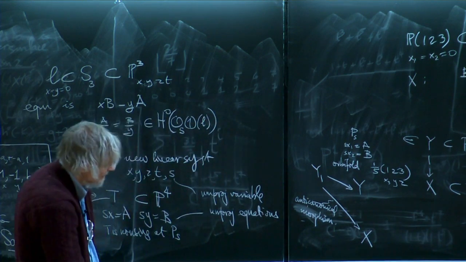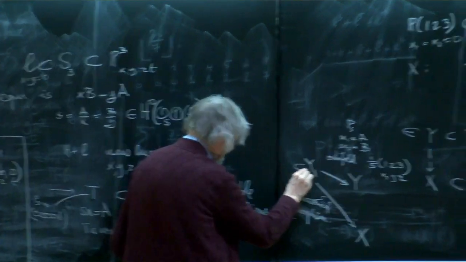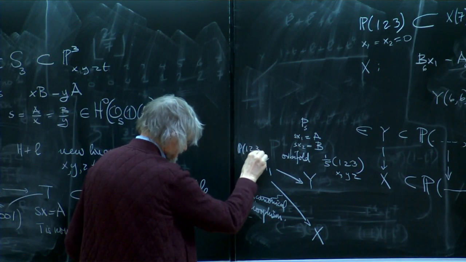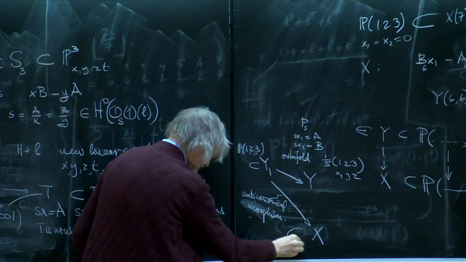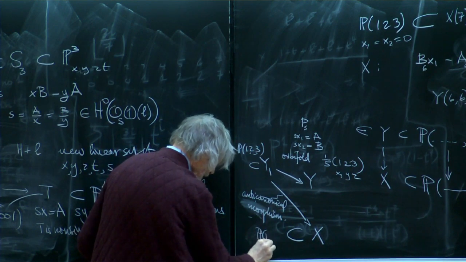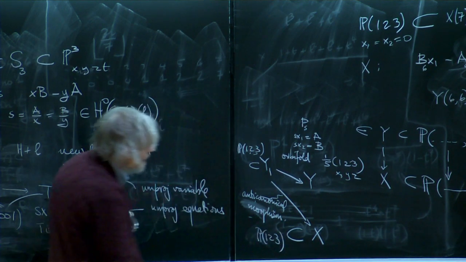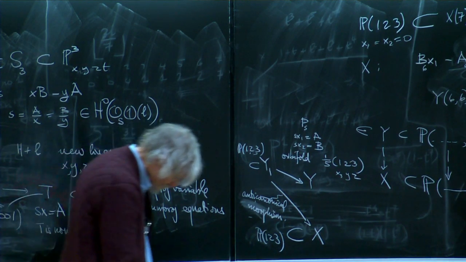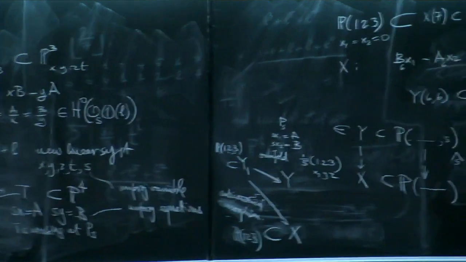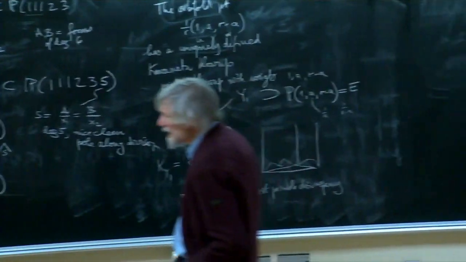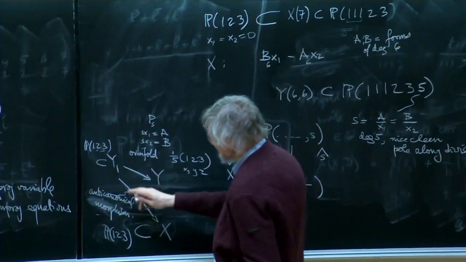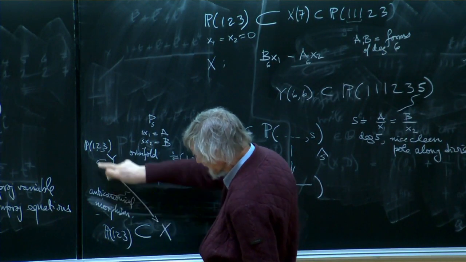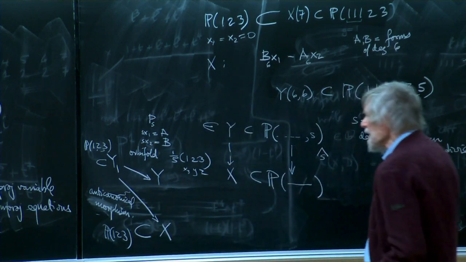Yes? So this guy here contains P(1,2,3) in this case, right? And this is going to map to P(1,2,3) here. And so what do you think this map is going to be? It's not contracting any divisors, so it's an isomorphism in codimension 1.